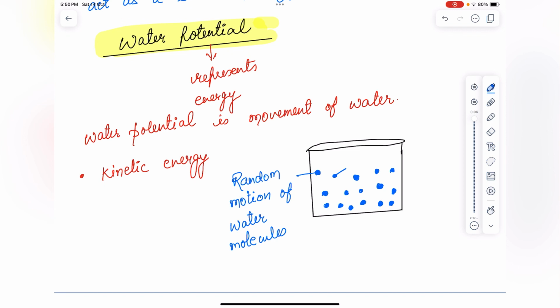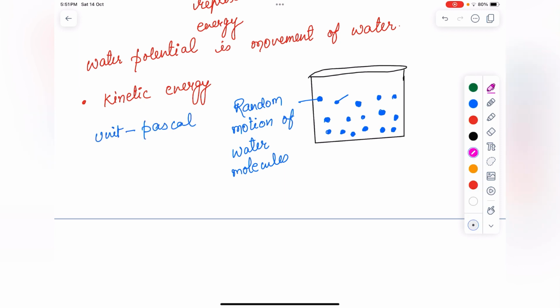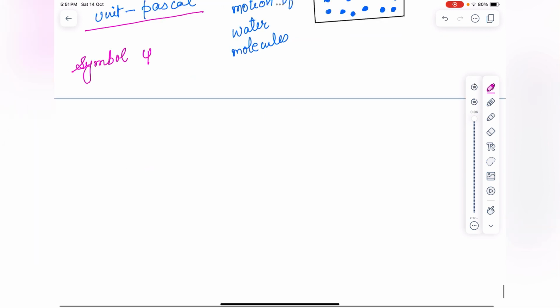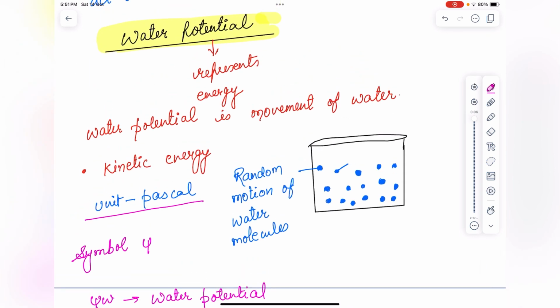The unit of water potential is Pascal, and the symbol will be psi. Water potential is denoted by psi W. Did you understand the meaning of water potential? It represents energy. When the water is pure, the movement of molecules will be more random and it will have more water potential.